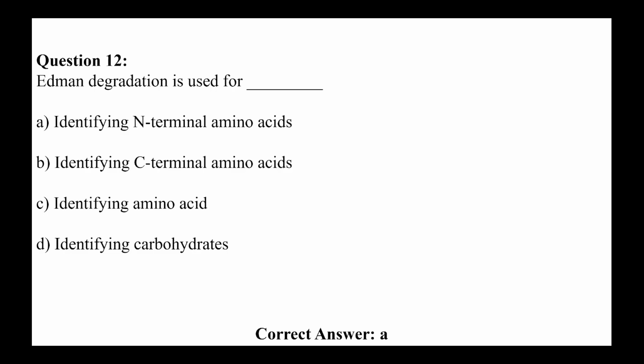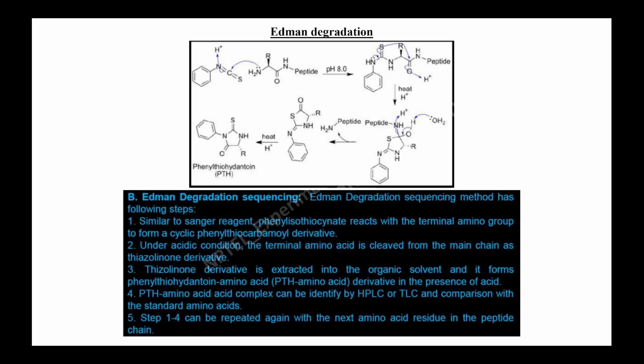Basically, this is phenyl isothiocyanate that I've discussed in the previous question. It reacts to the N-terminal amino acid of whichever peptide, forms a cyclic compound, and then that compound can be cleaved off from the rest of the peptide.